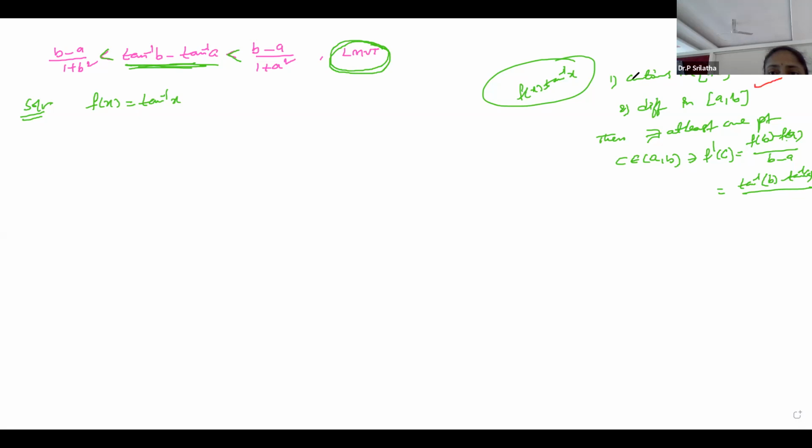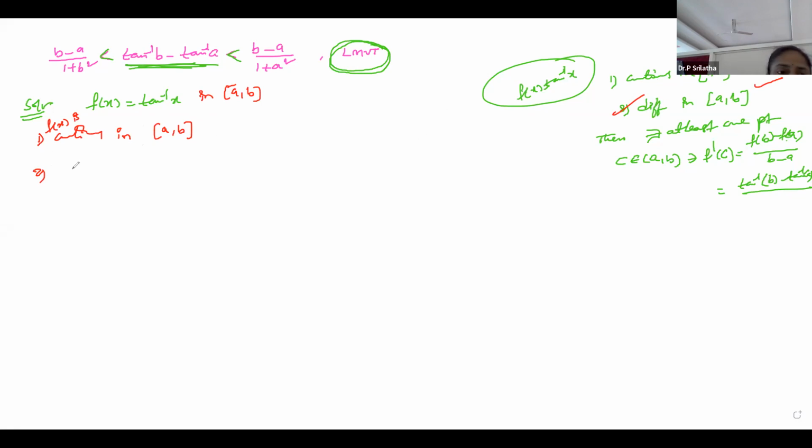So it is continuous and differentiable. First condition is f of x is continuous in the closed interval a comma b, or open interval a comma b, whatever.